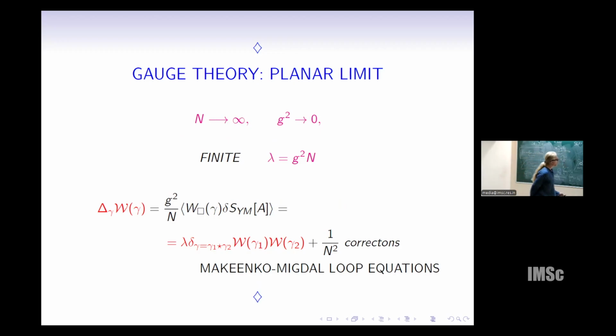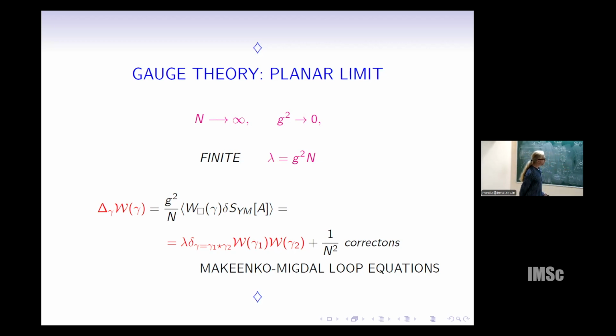First, in this limit, the expectation values of Wilson loops factorize. And then Migdal and Makeenko in the early 80s wrote a set of equations which they claim are closed and so can be solved. So far, nobody managed to solve them, but still these are interesting equations.